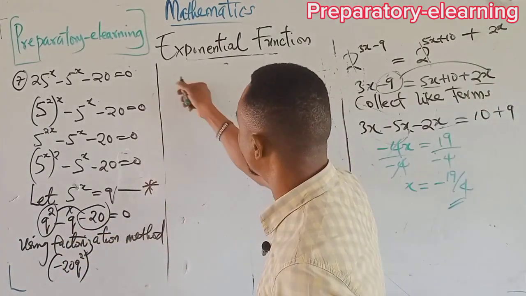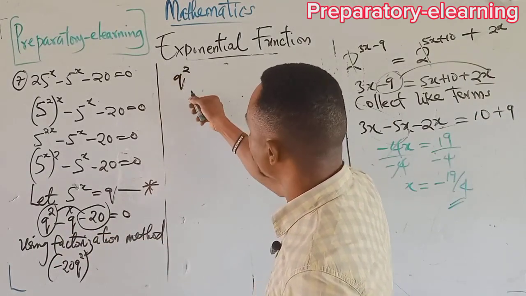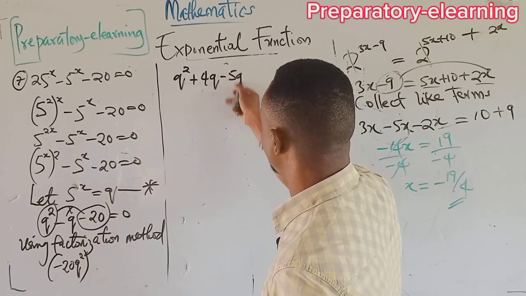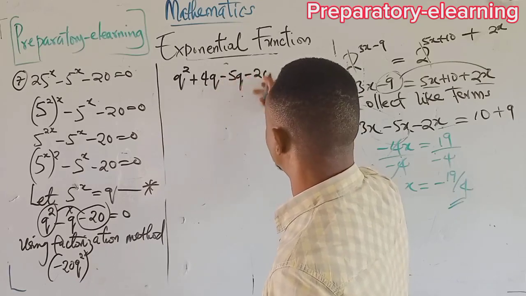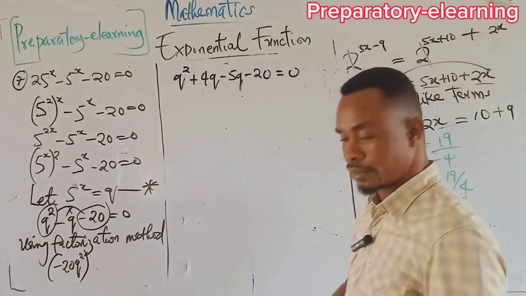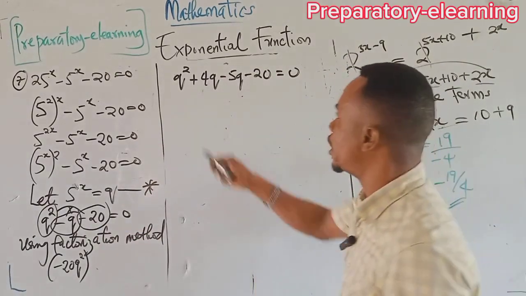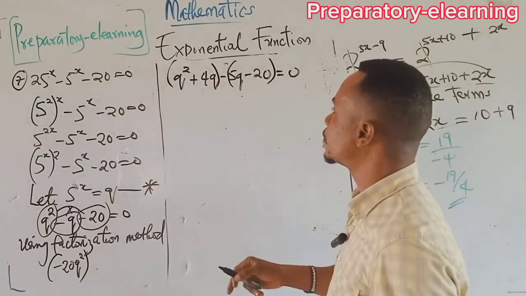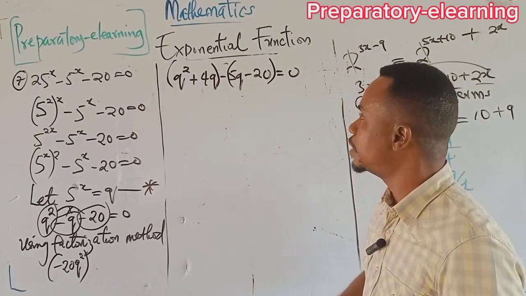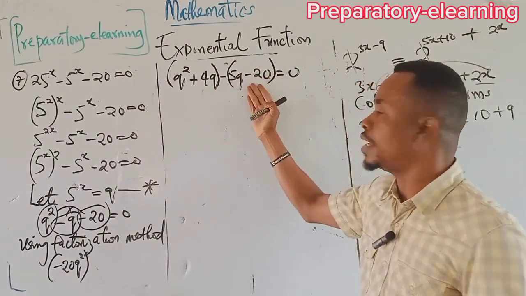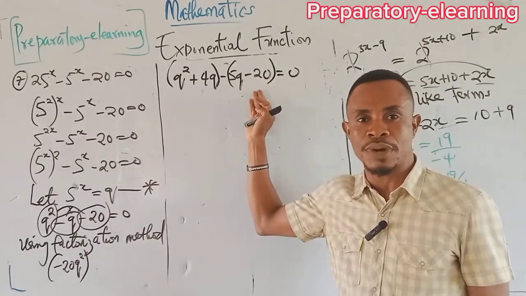From here, we have q squared plus 4q minus 5q minus this other 20 is equal to 0. After doing that, we separate using bracket, and the next thing we find the HCF in the first bracket and HCF in the second bracket.